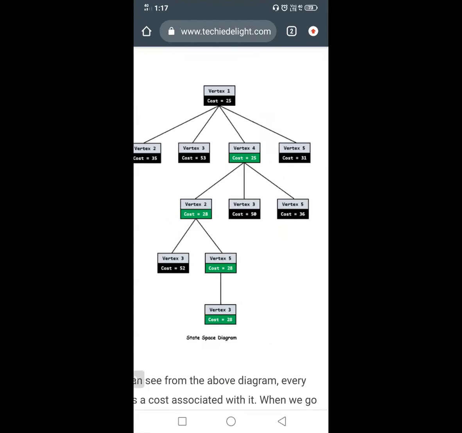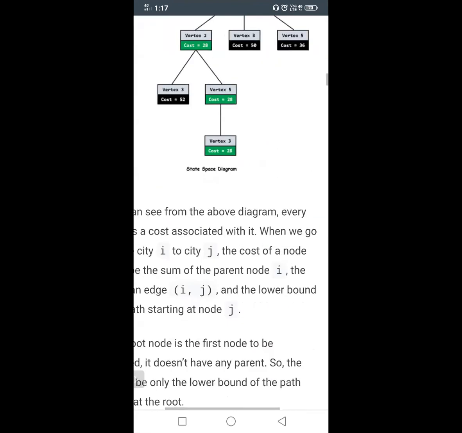Okay. So you have to consider the next matrix. That is, we have to choose the next vertex, that is vertex 1. Then find the cost.